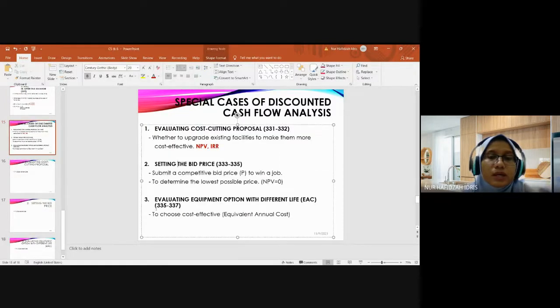Number 3 pula, dia akan cari evaluating equipment options with different lives, EAC. So the EAC is used to choose the cost effective option based on equivalent annual cost. So the decision is made based on the annual cost of the project.